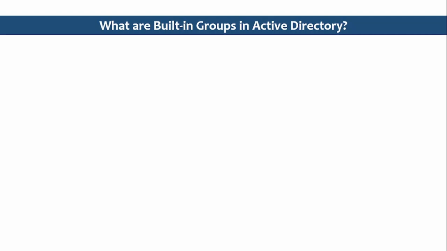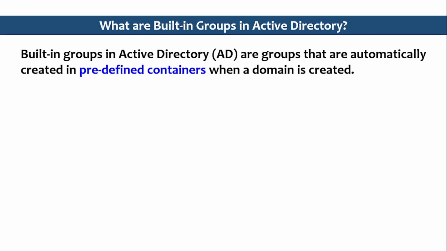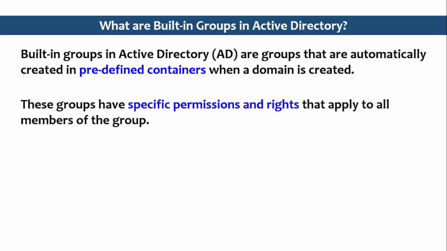So what are built-in groups in Active Directory? Built-in groups are groups that are automatically created in predefined containers when a domain is created. These groups have specific permissions and rights that apply to all the members of the group.